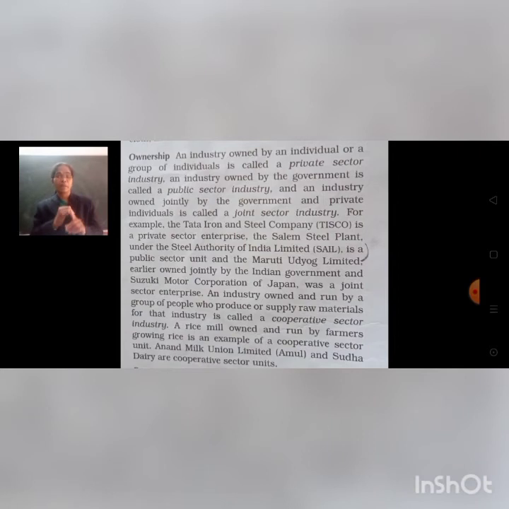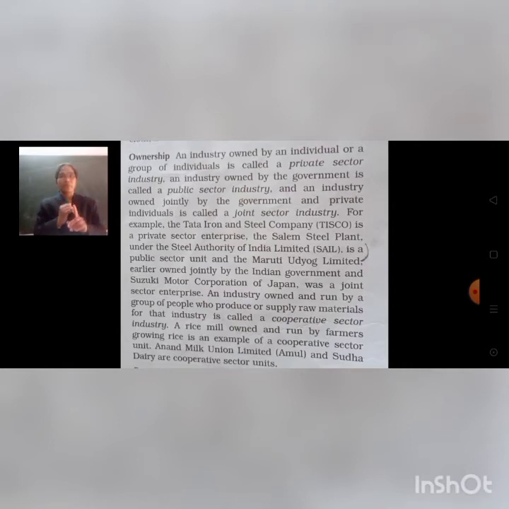Listen one more time: an industry owned by an individual or a group of individuals is called a private sector industry. An industry owned by the government is called a public sector industry.